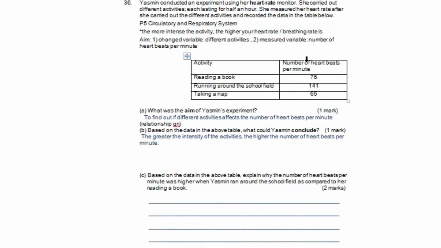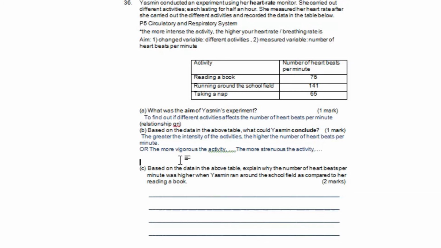Another way is, if you don't know how to use the word intensity, you can say the more vigorous the activity, the higher the number of heartbeats per minute, or you can say the more strenuous the activity, then the higher the number of heartbeats per minute.